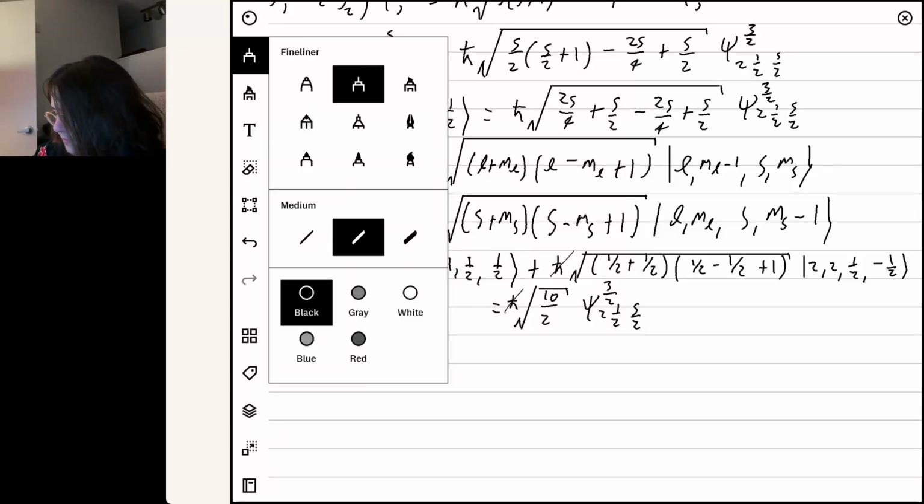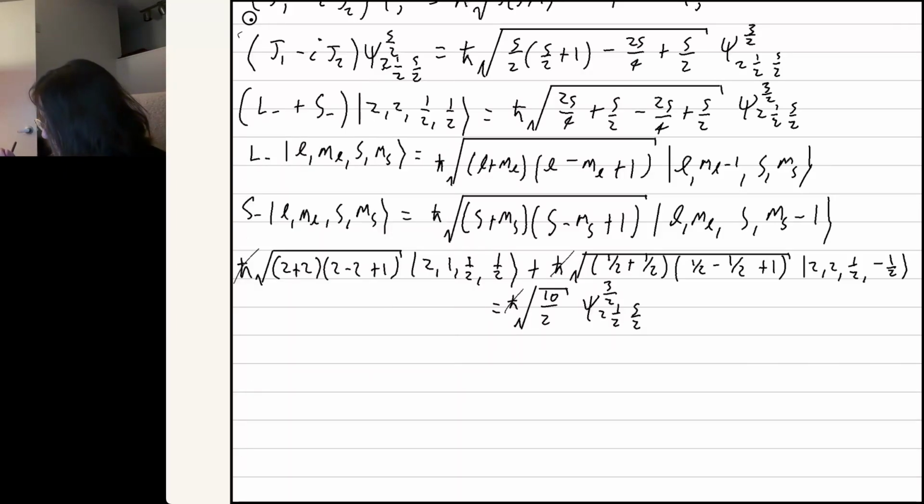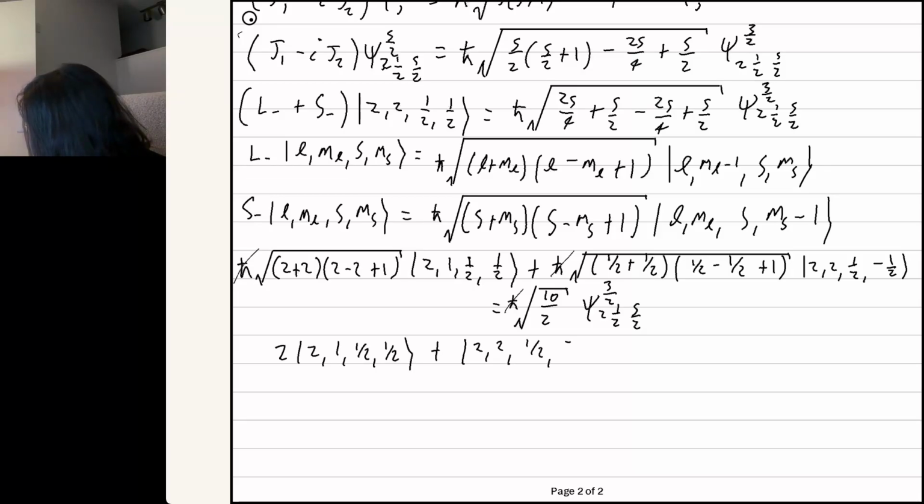All right. Evaluating the left-hand side. 2 plus 2 is 4, so it's going to be 2 times |2, 1, 1/2, 1/2. 1/2 plus 1/2 is 1, so it's just going to be |2, 2, 1/2 minus 1/2.